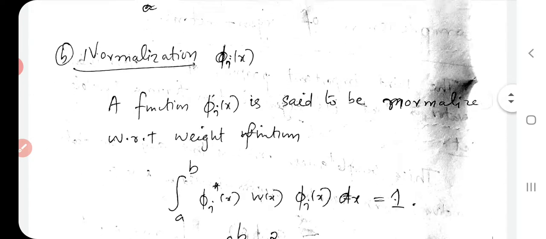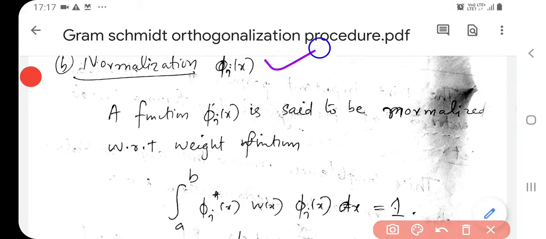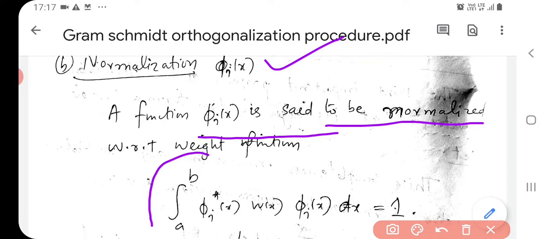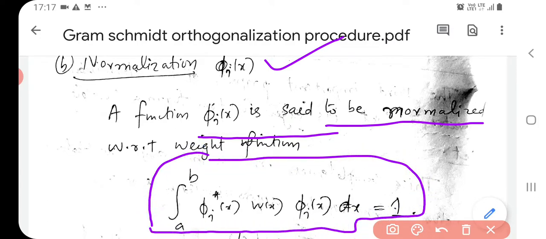A function phi a of x is said to be normalized with respect to the weight function if the integral from a to b of phi a conjugate x, w of x, phi a of x dx is equal to 1.